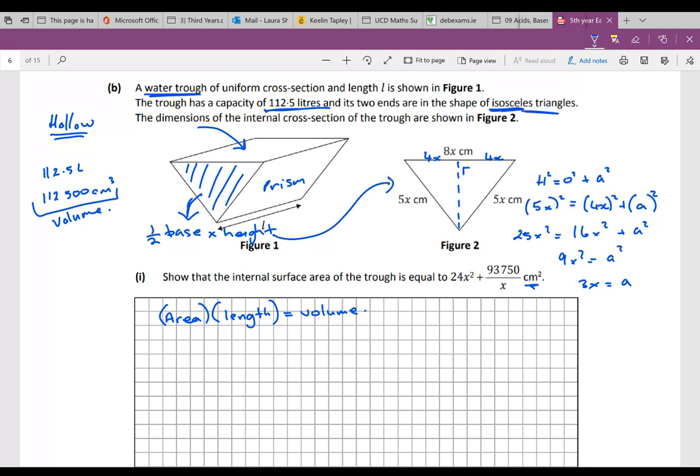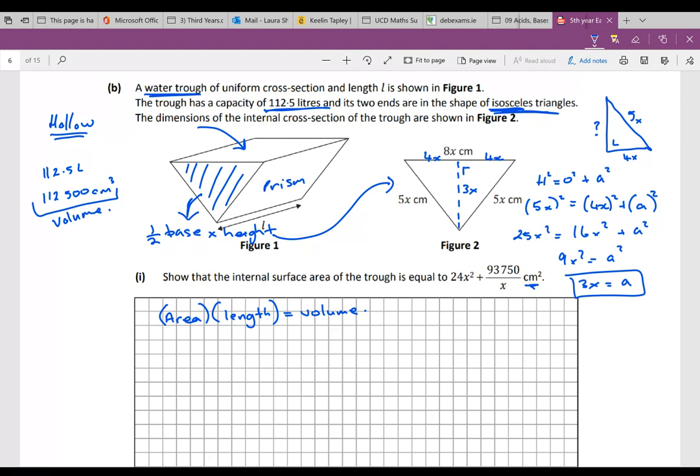So I know that it is an isosceles triangle. So when I cut this exactly in half, I'll have 4x and 4x, which together add up to the 8x. So I've got a right angle triangle here. That is 4x. I know that the hypotenuse is 5, and I want to find this. So I used Pythagoras' theorem to find out that that length there, the height, is 3x.